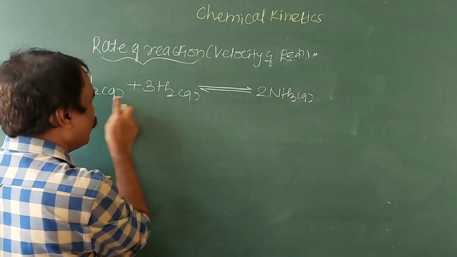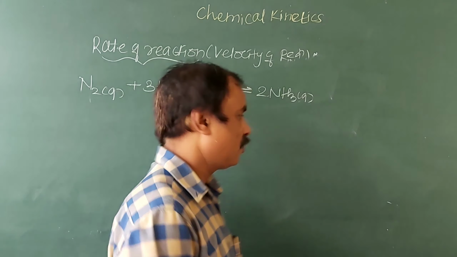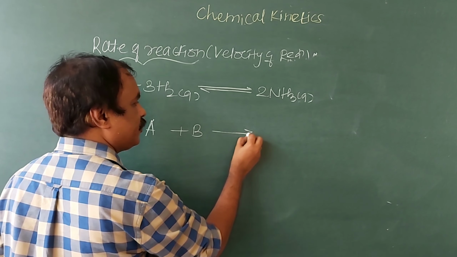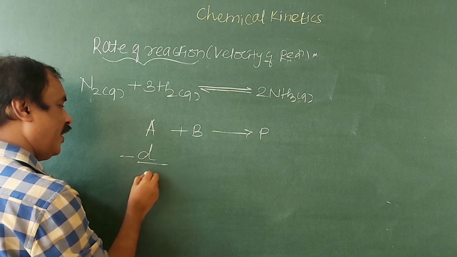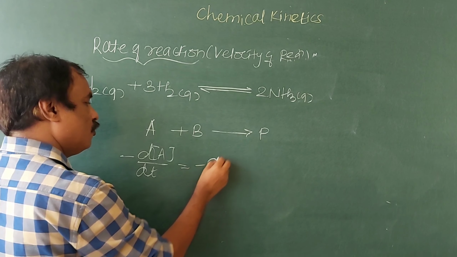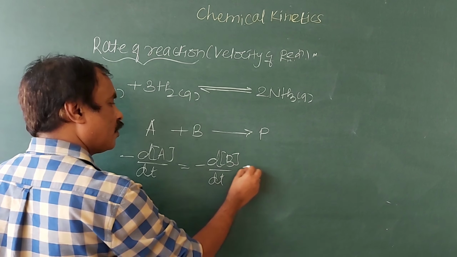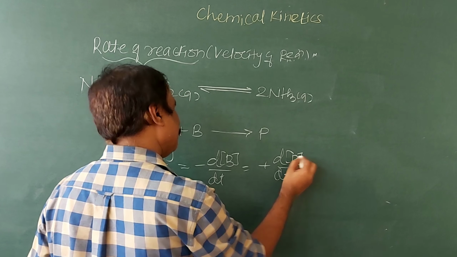Here 2 reactants are there. I will compare this with A plus B, it gives a product. Decrease in concentration of A per unit time, decrease in concentration of B per unit time, plus increase in concentration of P per unit time.